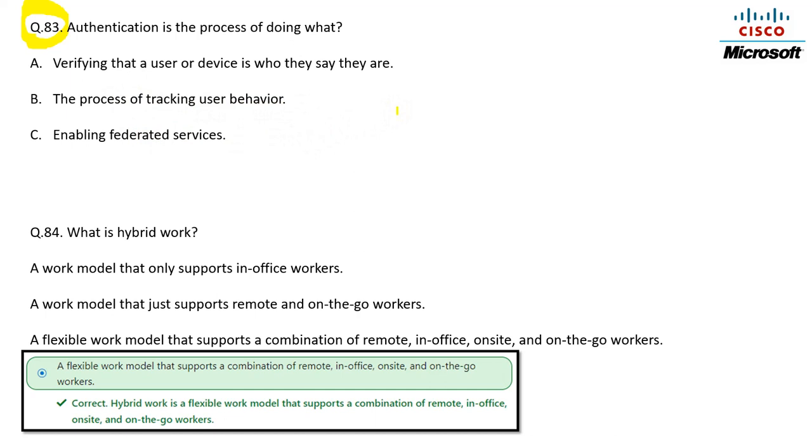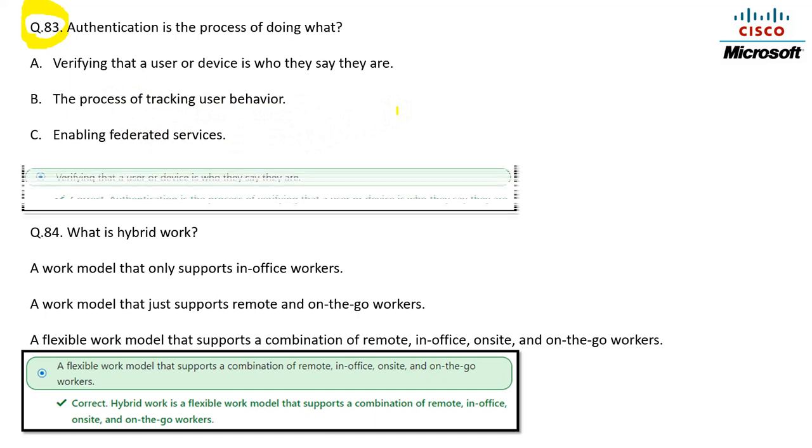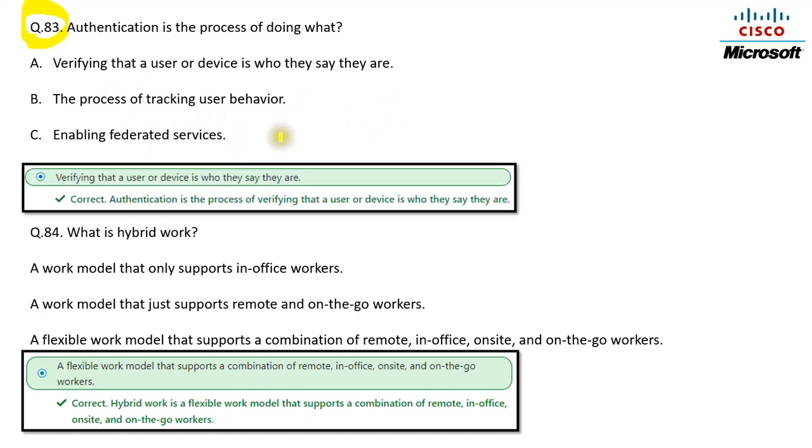So authentication is verifying that the user or device is who they say they are. What is hybrid work? So hybrid work, it got revealed here, is a flexible work model that supports a combination of remote, office, on site, and on the go workers.